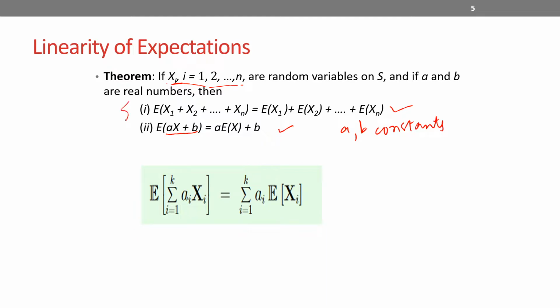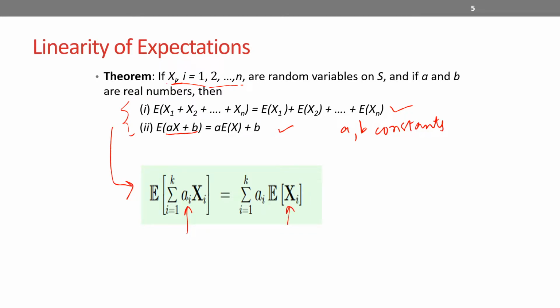Now together we can state this in a more concise format, which states that the expectation of the sum of a random variable x of i multiplied by some constant a of i, such that this is also changing with each i, right, is nothing but the sum of the expectation of all the x of i's multiplied by that constant, right?